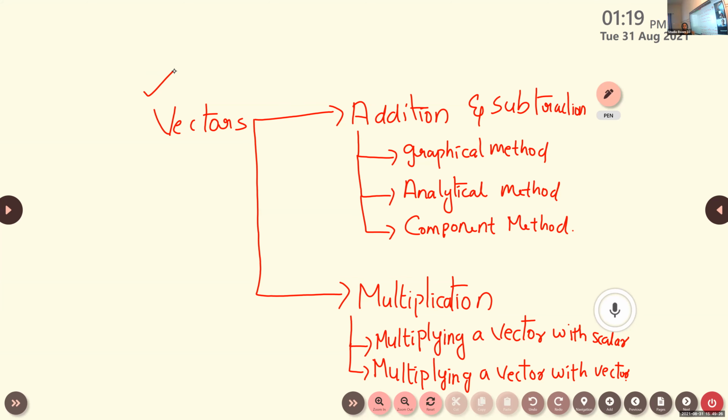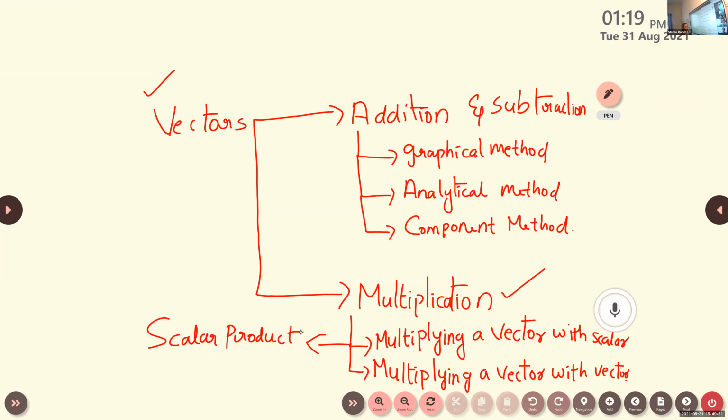After the addition operations over the vectors, we are going to discuss the multiplication of vectors. Here also we have two methods. One is multiplying a vector with a scalar, and the product obtained is known as scalar product.